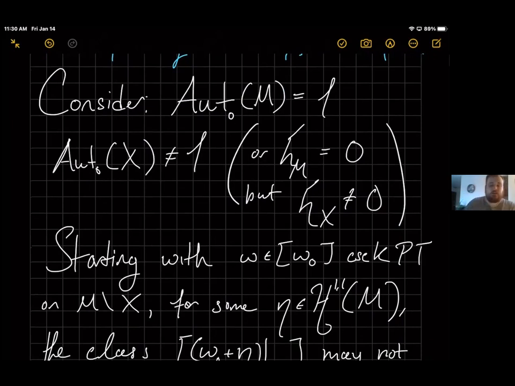Let's say it doesn't have any automorphisms, but the hypersurface X actually does.